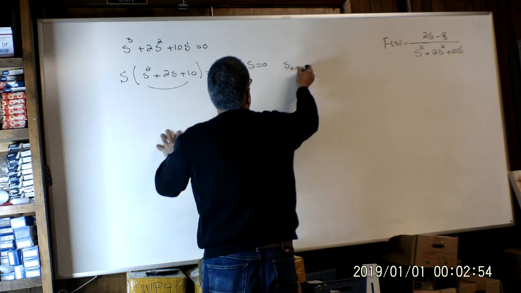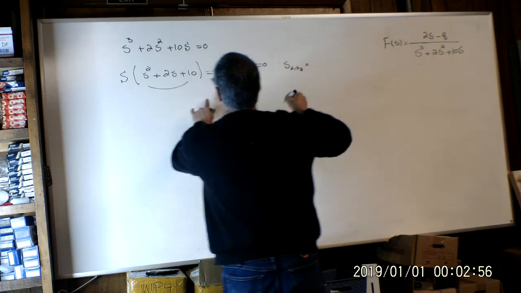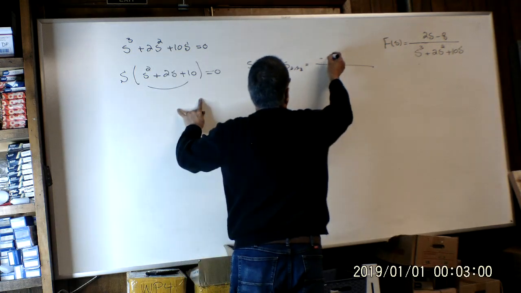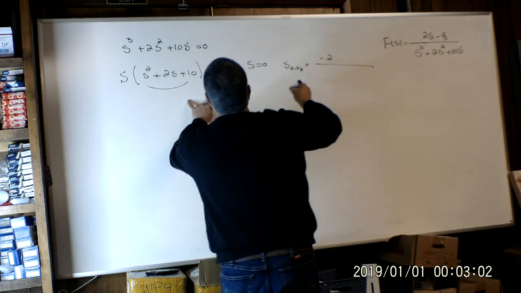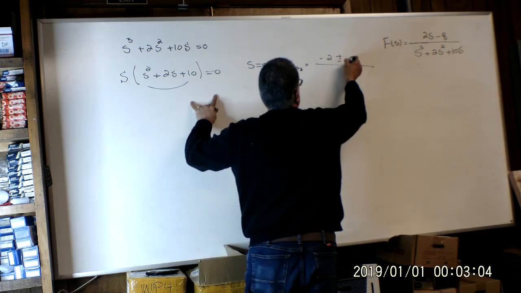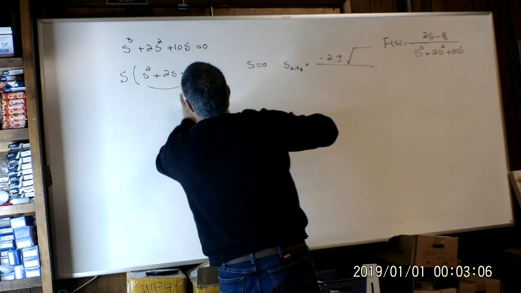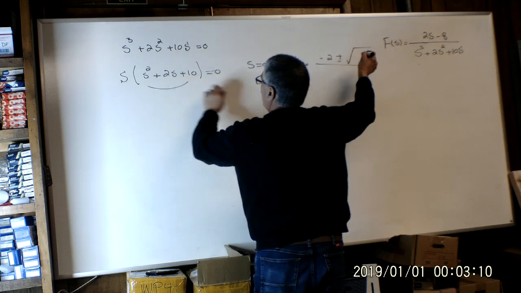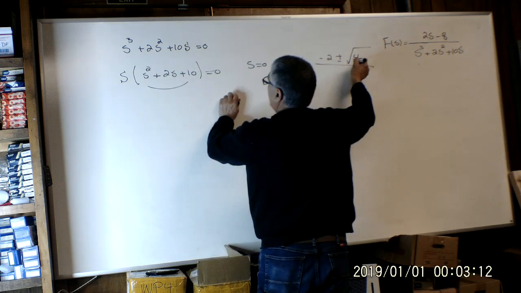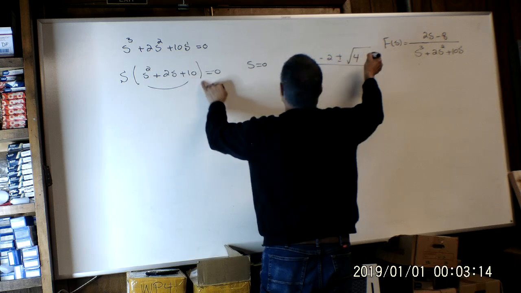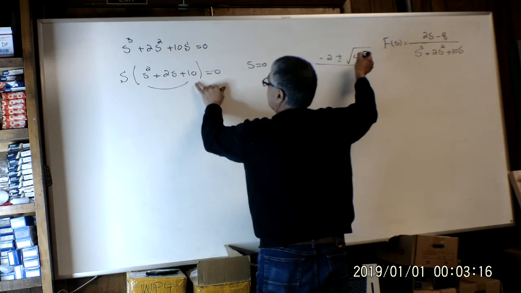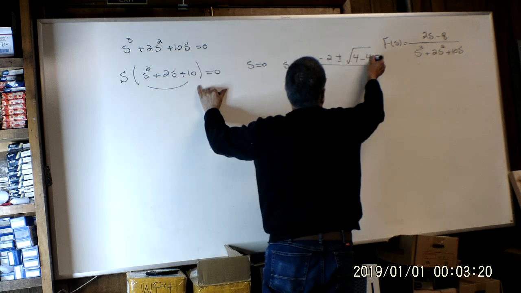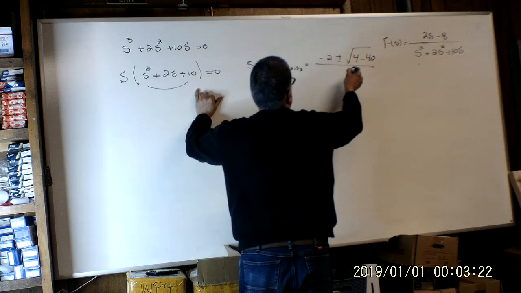s2, s3 will be minus 2 plus or minus the square root of 4 minus 40, divided by 2.